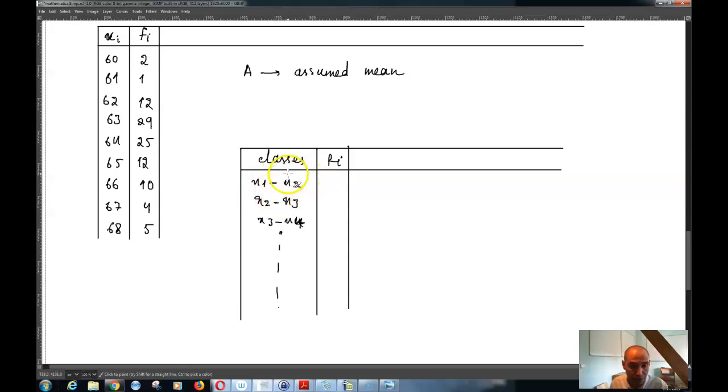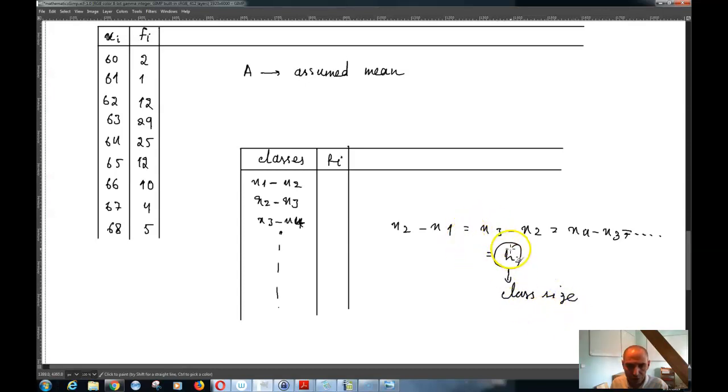And usually the size of these classes is the same, meaning that x2 minus x1 is equal to x3 minus x2 is equal to x4 minus x3, and so on, and that is equal to h, which we call the class size.